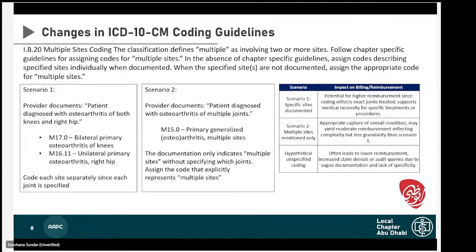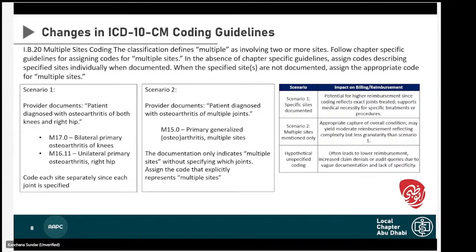And that also adds up to the count of our new changes. So this is about the multiple versus specified site being documented. And a very important caution here, please don't go for unspecified code or other specified code.